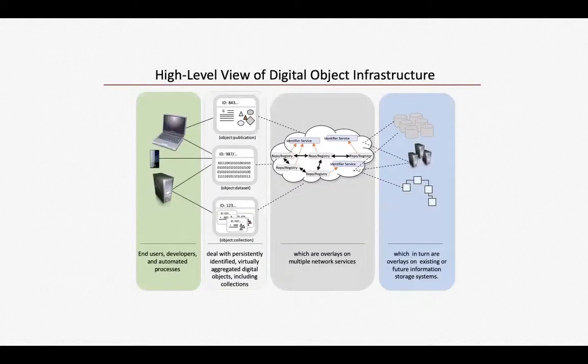So this is a high-level view of the digital object infrastructure where you have the end users with some sort of client or interface that allows them to deal with persistently identified virtually aggregated digital objects. And those objects include collection. Behind that, there is a set of services of repos, registries, and identifiers, which in the end overlay on some existing storage system.